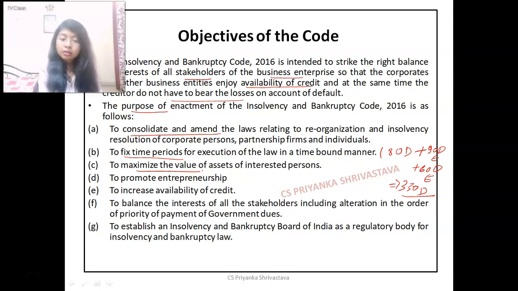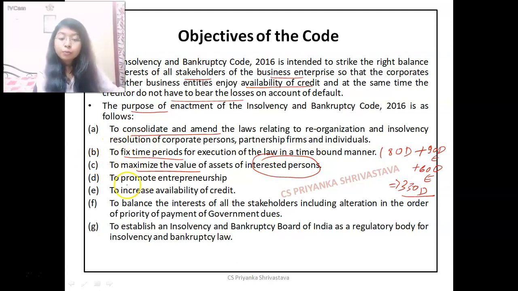So that is again a purpose of this code, that we want to give the maximum value of the asset to the interested persons, that is the stakeholders of the company, the creditors and every other person who is entitled to get money from the company.